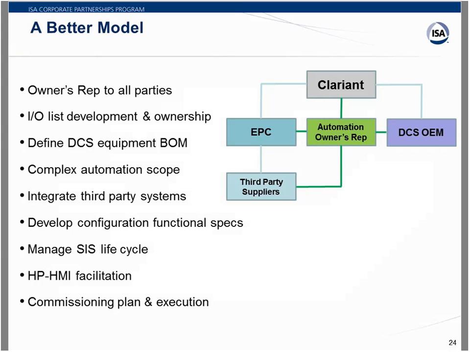So serving as that owner's rep to all parties. In this case, it took over development and ownership of the IO list, and also provided input into the PNIDs, which were owned by the EPC, but provided input into the automation and instrumentation part of those PNIDs.